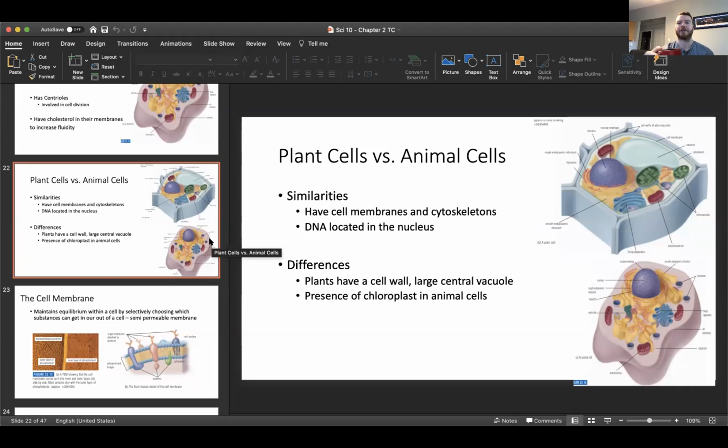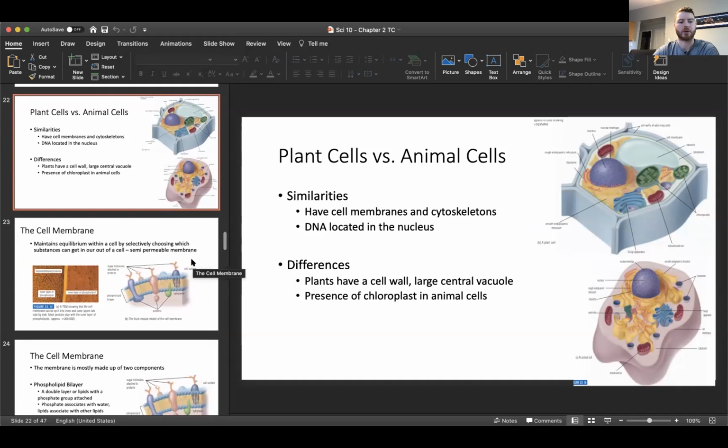So you're going to have to know what the nucleus does, what the ribosomes do, what the endoplasmic reticulum does, etc., etc. Okay, so that is probably the biggest learning point up to right now in this class. Okay, so make sure that you are able to recall the function of each organelle.